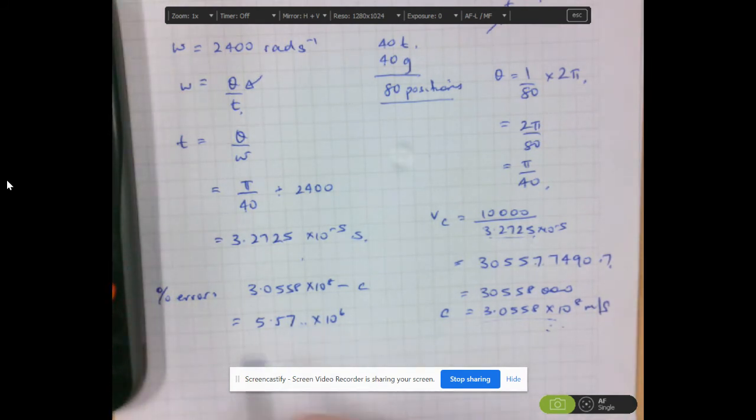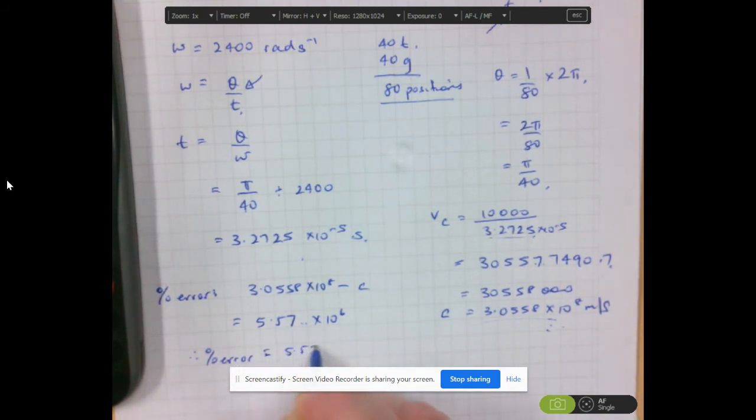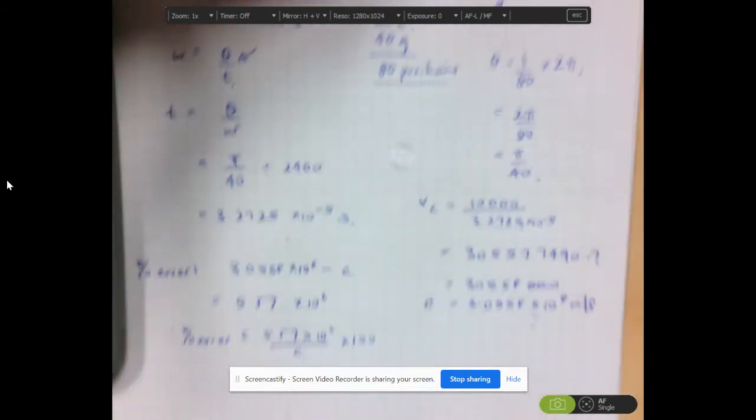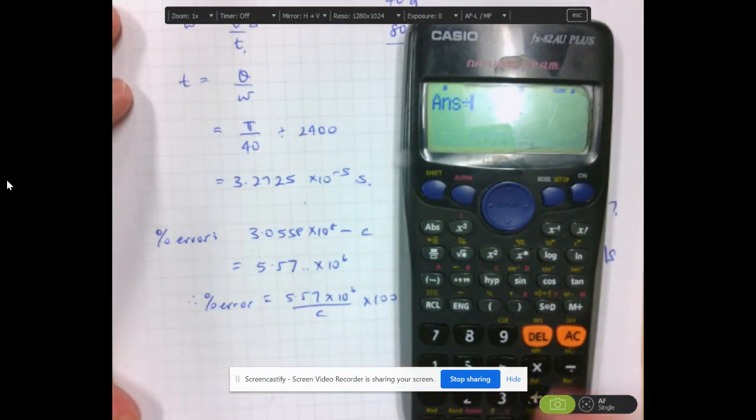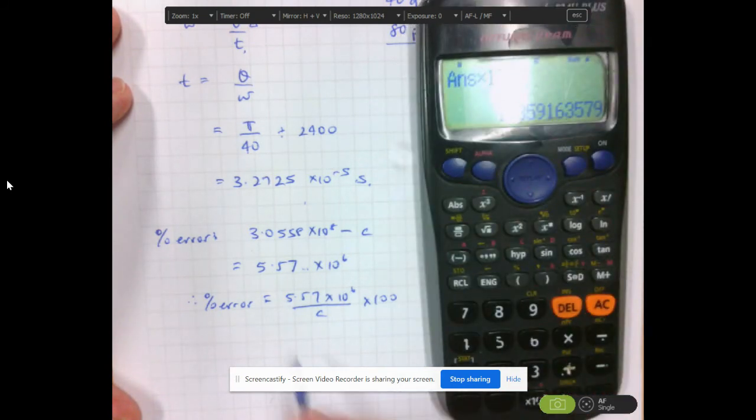So the percentage error would equal 5.57 by 10 to the power of 6 over the true value of c, times 100. So doing that calculation, dividing by 3 exponent 8 times 100, it's a 1.86% error.